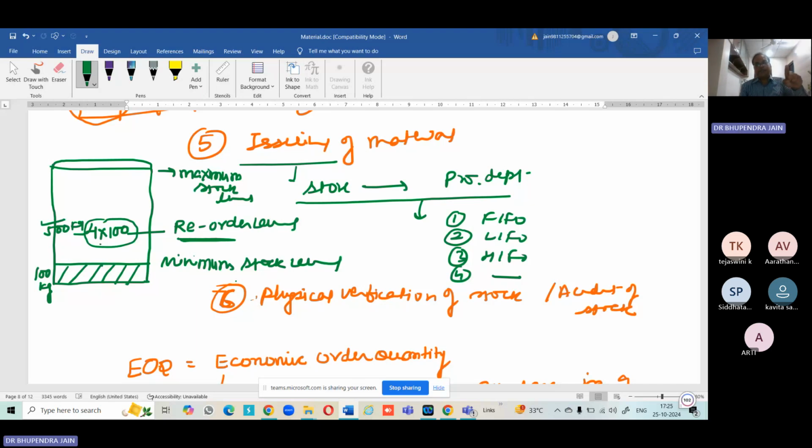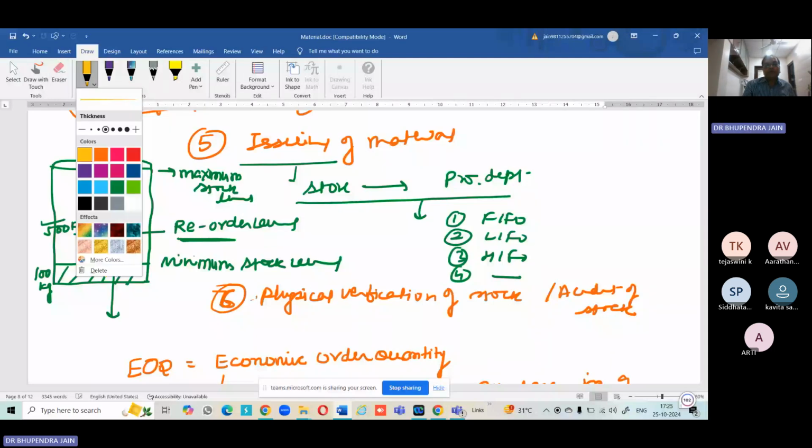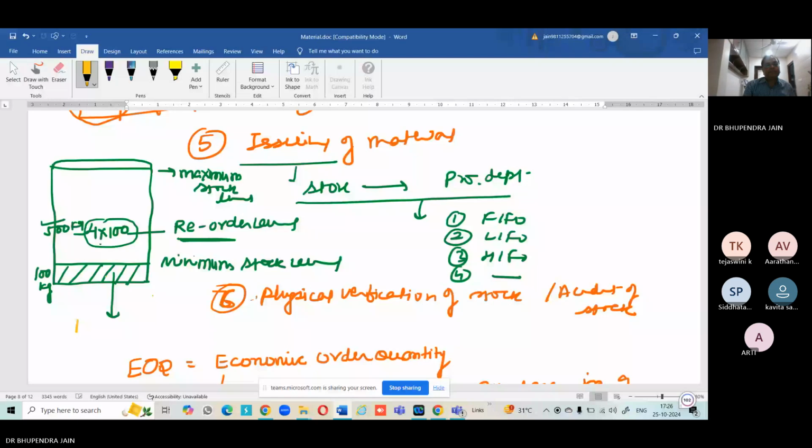First level is the maximum, second is the minimum, and third is the reorder level. Down the level of minimum level, this is called the danger level.